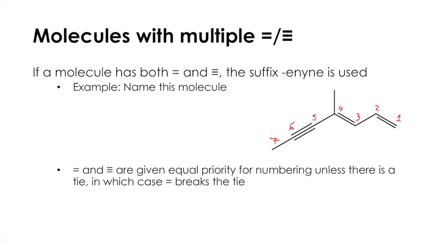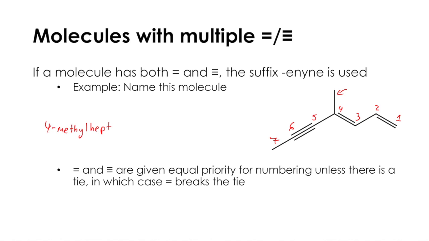So again, we're looking at a 7 carbon chain. And so this would be 4-methyl for this one coming off the chain. And then we have hept for the number of carbons.